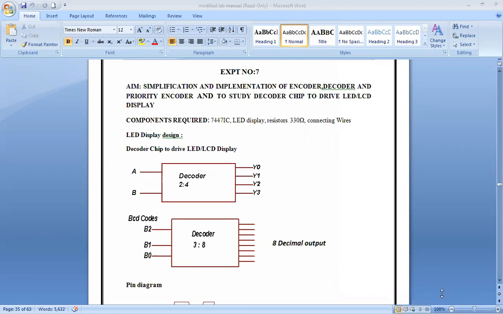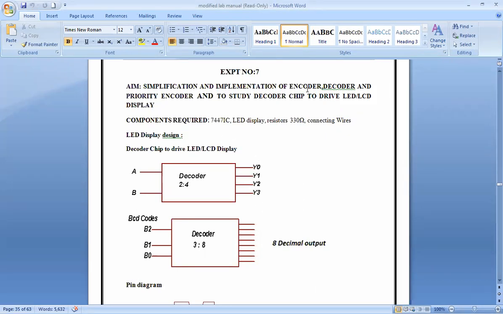Now, if you look at these diagrams here, for n inputs, you get 2 power n outputs. So if you have 2 inputs, it's going to be 2 power n, which means if I have 2 here, then I'm going to have 4 outputs, right?